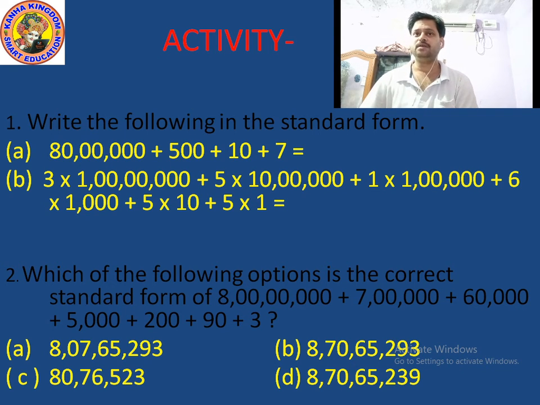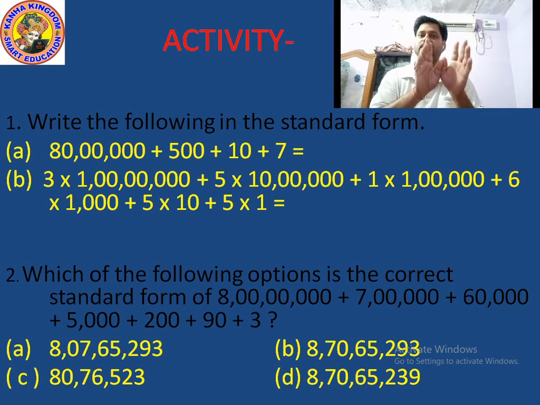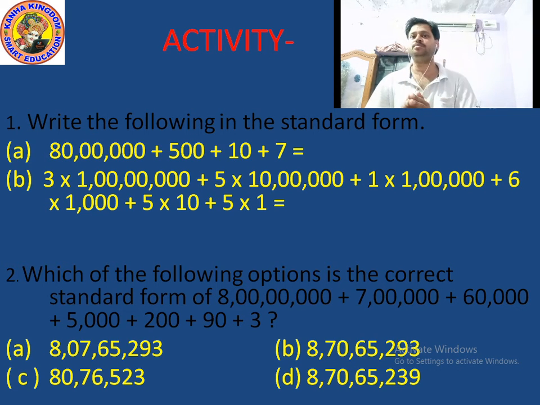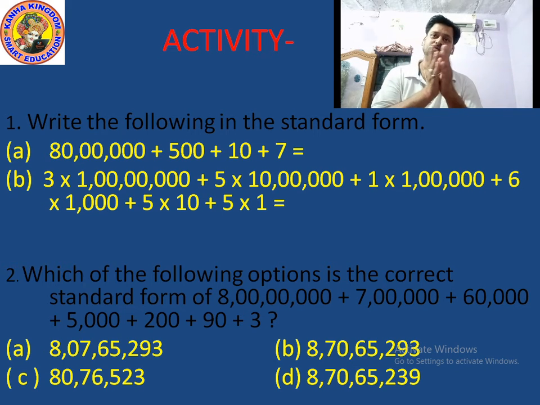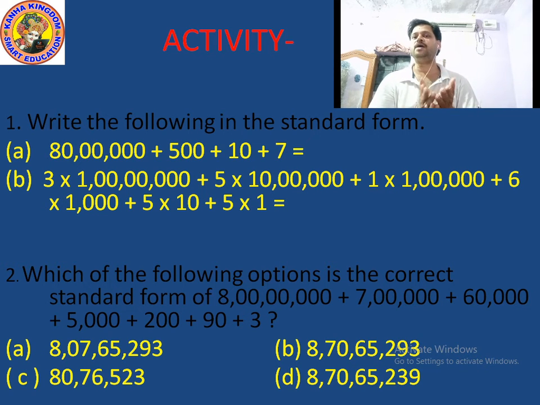Now you see that A and B both have 3, and after this 92, comma, 56, comma, now 0 and 7. So there is a difference in the lakh period.